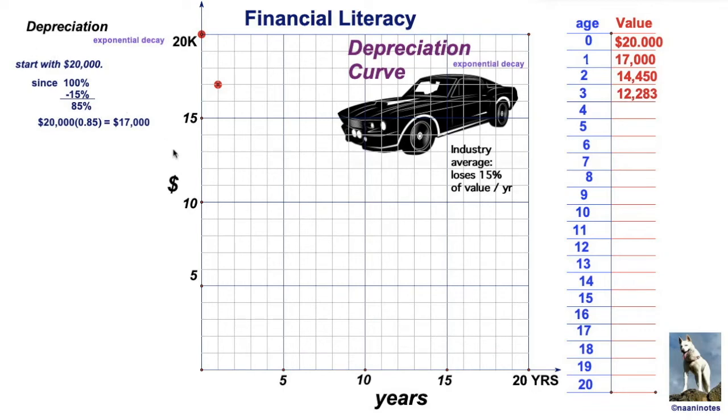Now, if you're trying to graph them, year number 2, I'm trying to get 14,450. This is 14,000, this is 15,000. I guess it's going to be in between there. You're going to be able to do that. In the same way, 12,283, I'm looking at 12, 13, it's going to be between there, on the line for year number 3.